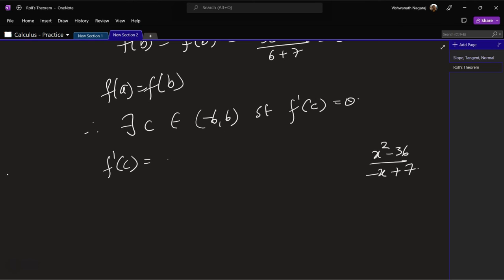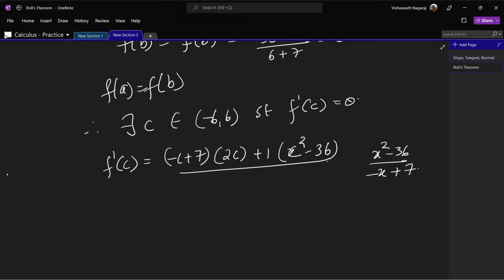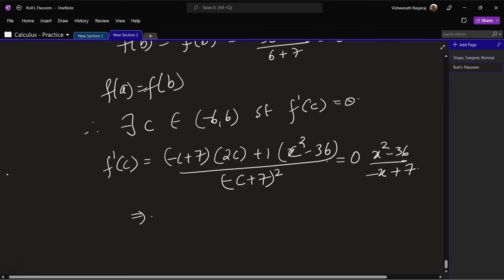We get minus c plus 7, denominator as it is, then we have 2c minus 1, so plus 1 times c square minus 36 divided by minus c plus 7 square equal to 0, which gives us minus 2c square plus 14c plus c square minus 36 equal to 0.